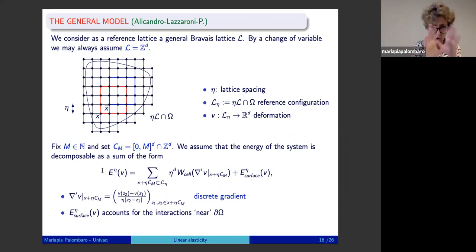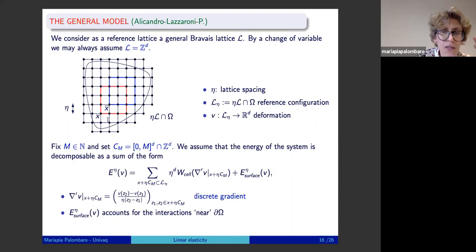In the general model, the energy can be decomposed as a sum of two terms, a bulk term and a surface term. The bulk term is a cell energy. What does it mean? It's the sum over all discrete cells contained in the lattice of a density of a potential W cell that is a function of the discrete gradient. So here we have all the finite differences contained in the cell.